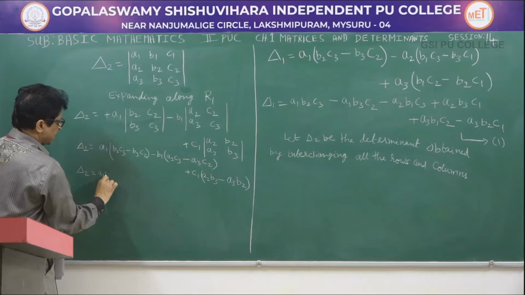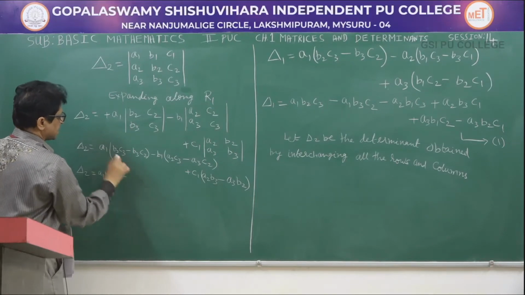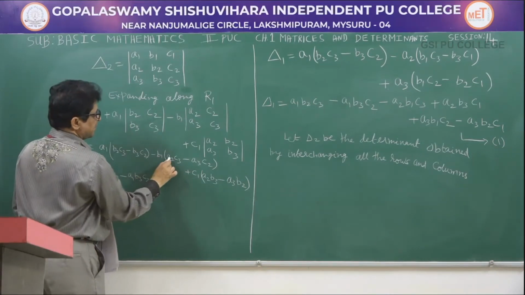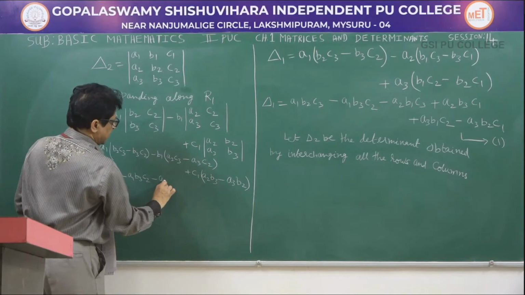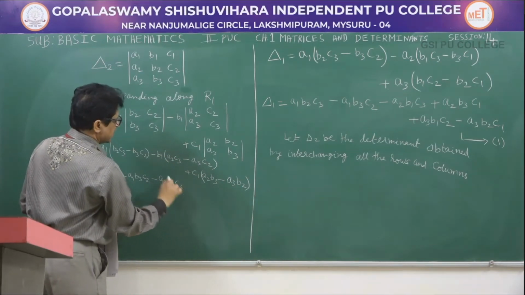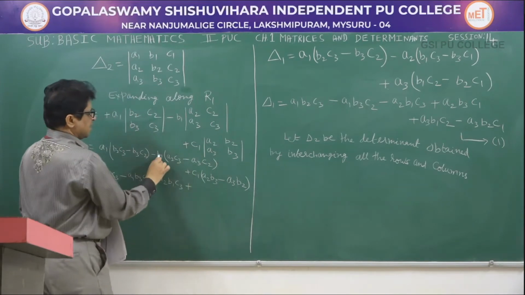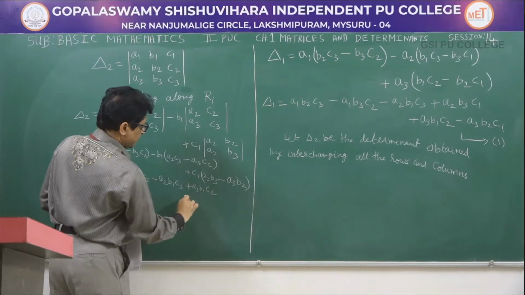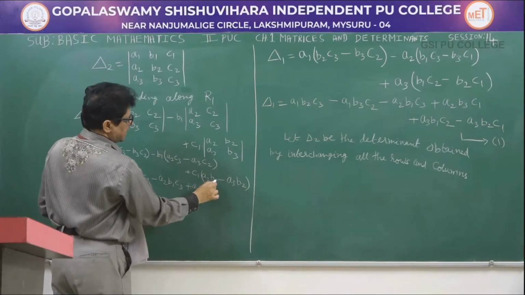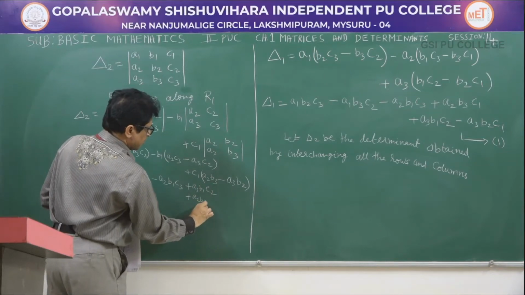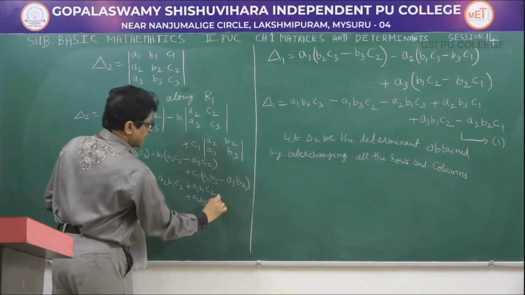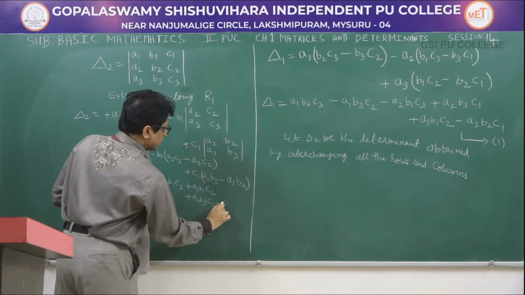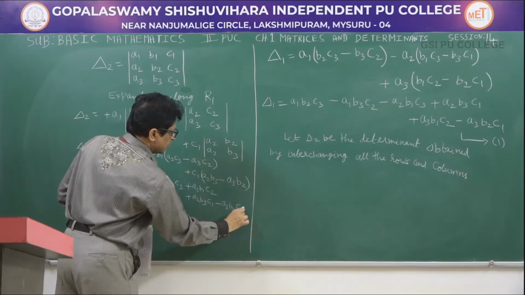So we have A1 B2 C3 minus A1 into B3 C2 minus B1 into A2 C3, we get minus A2 B1 C3, minus into minus plus B1 into A3 C2, that is A3 B1 C2 plus C1 into A2 B3, that is A2 B3 C1, plus into minus minus C1 into A3 B2, that is A3 B2 C1.